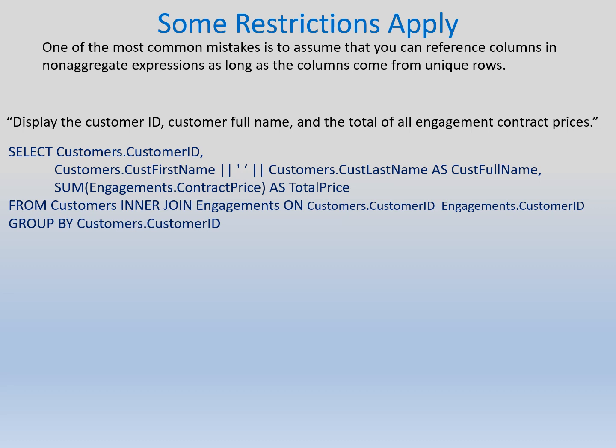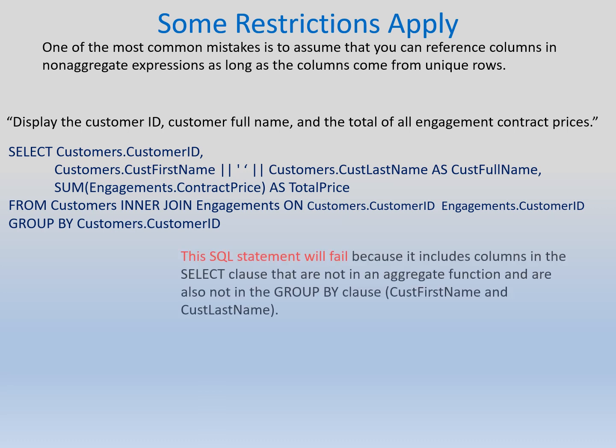Notice our select statement. We have a group by clause. We're grouping by customer ID. And we have a column total price, which is the summation of contract price. But we also have a third column in the select clause, which is customer full name.